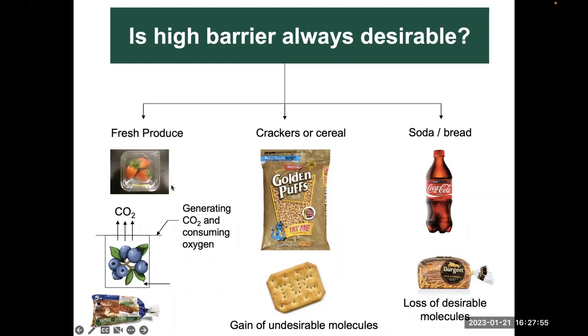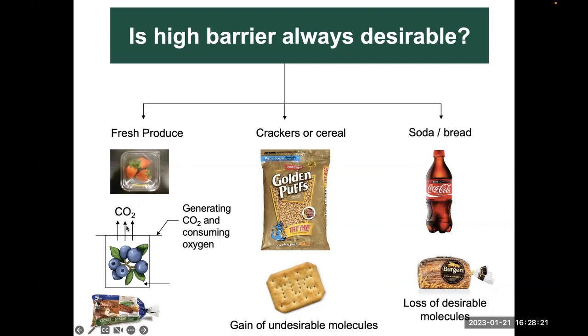So that's why when you see those clamshell packages in the market, they have holes. The holes are designed so there is an air exchange happening between outside and the inside. You have another example of a potato bag right at the bottom, and you may have noticed there are various holes in the bag. The same idea applies here.